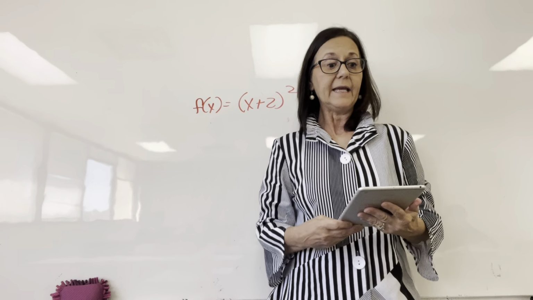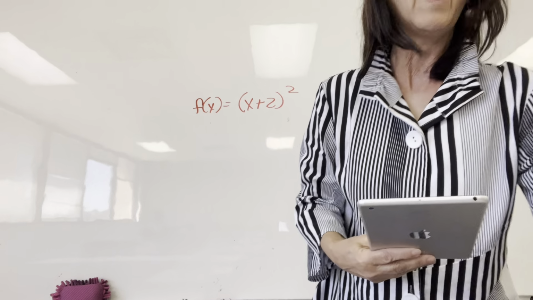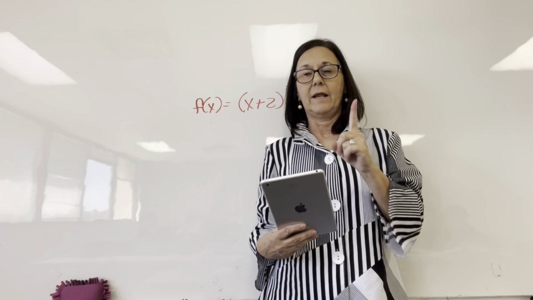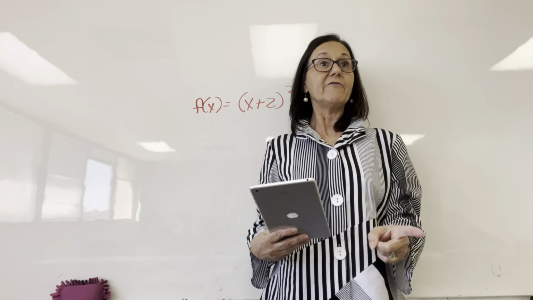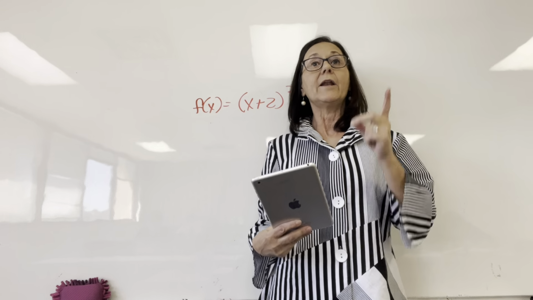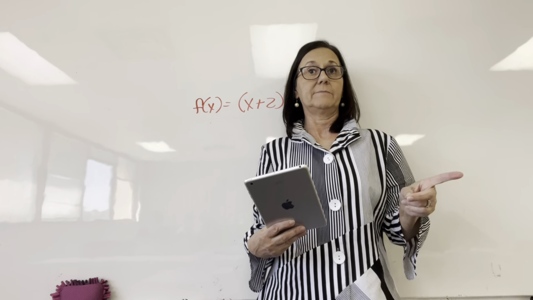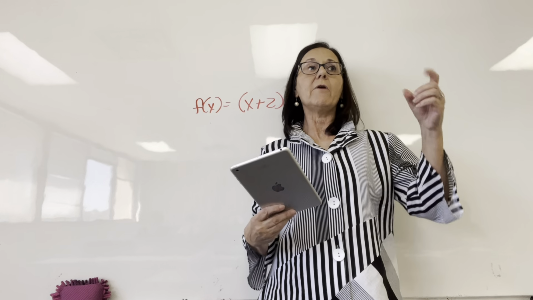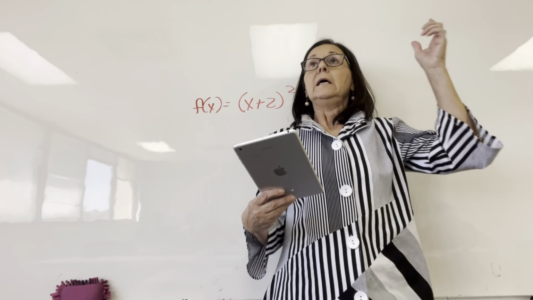How many y-intercepts do I have? 1 and only 1. In fact, that is true of every function. If it is a function, there will be 1 and only 1 y-intercept. All right, so I have 0, 1, or 2 x-intercepts.